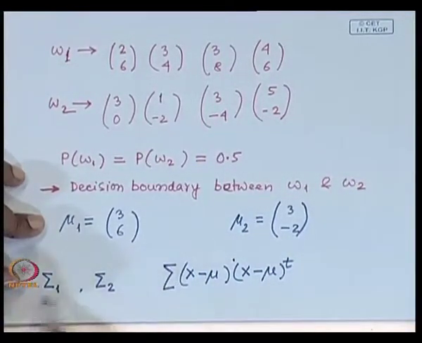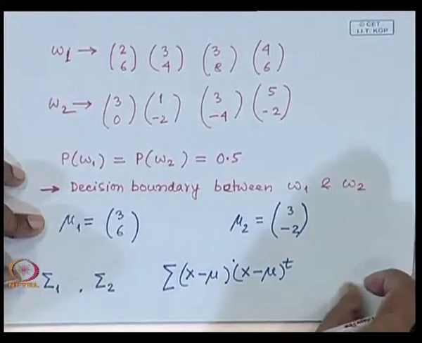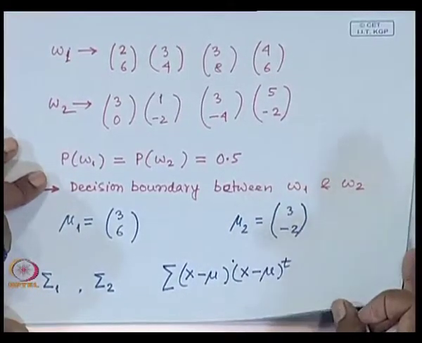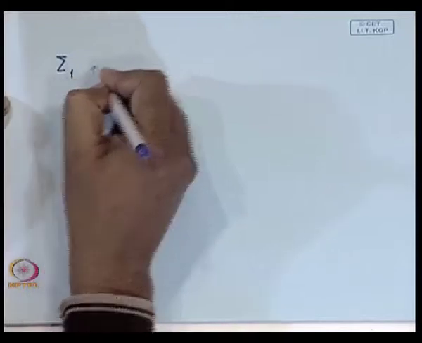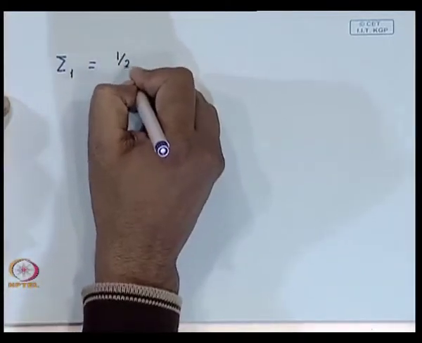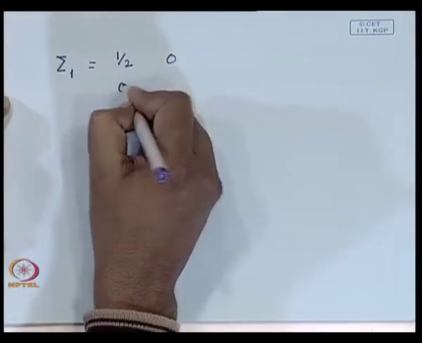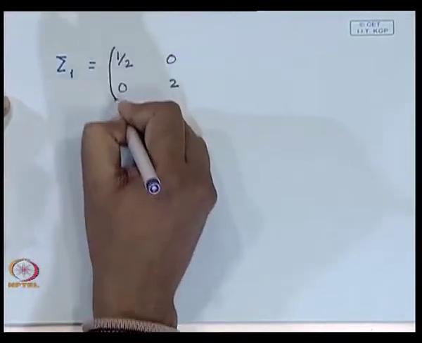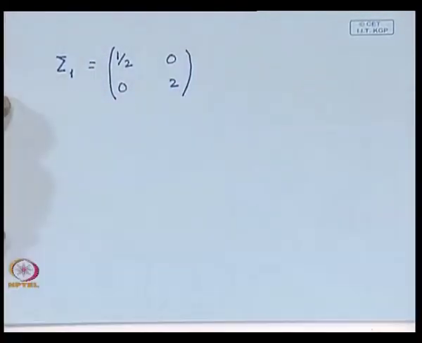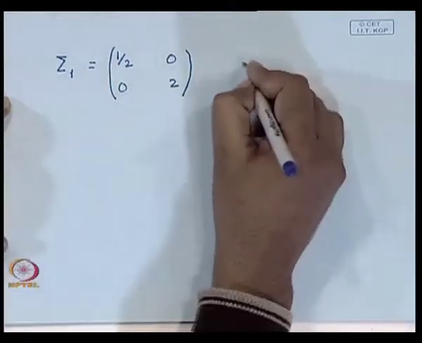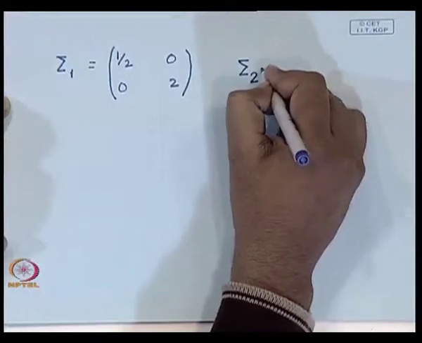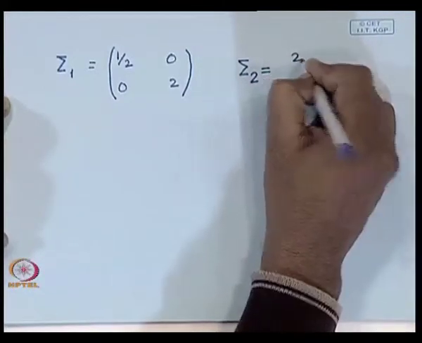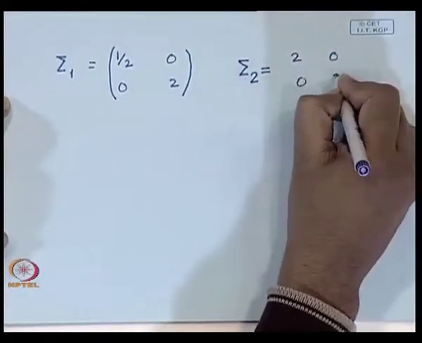That gives you the covariance matrices sigma 1 and sigma 2. If you do it that way, you will find that sigma 1 comes out to be half 0 0 2. So, this is the covariance matrix of class 1, and sigma 2, the covariance matrix of class 2, comes out to be 2 0 0 2.